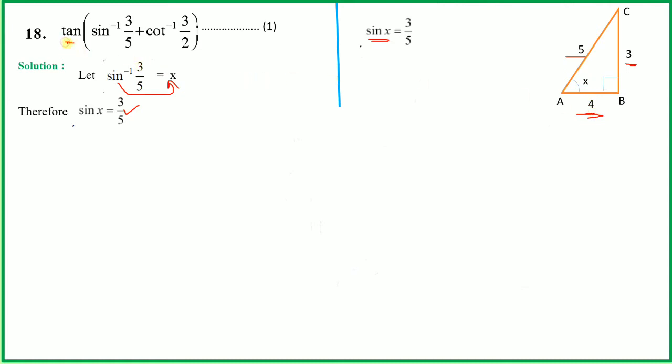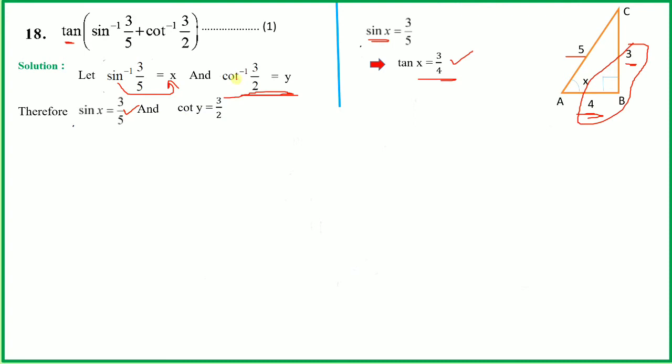As we have tan outside, let us find the value in terms of tan. So tan x is perpendicular upon base, that is 3 upon 4. Now we have found sine inverse 3 upon 5 in terms of tan. Now we find cot inverse 3 by 2. Let it be y, then cot y is equal to 3 by 2, which implies tan y is the reciprocal, 2 upon 3.